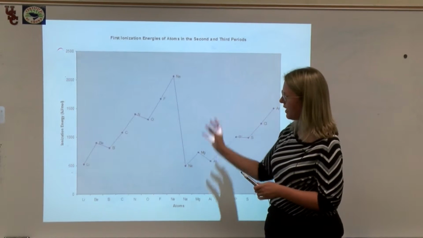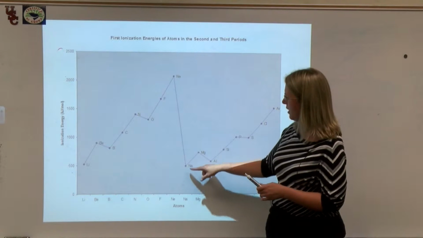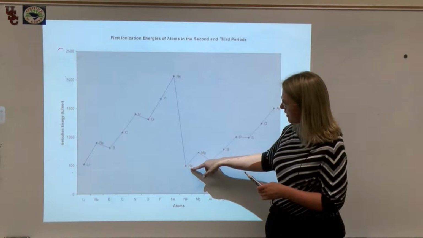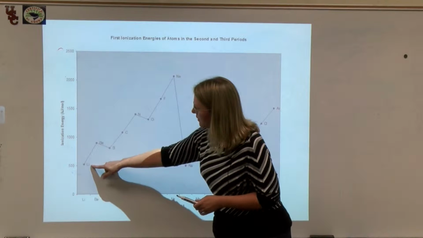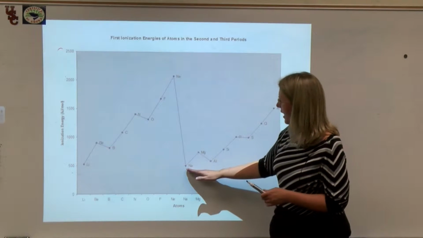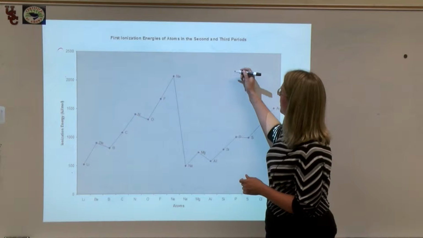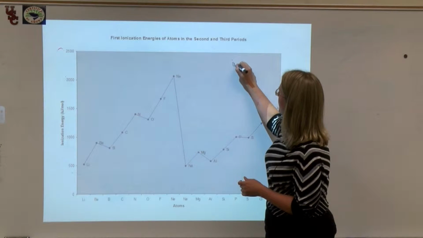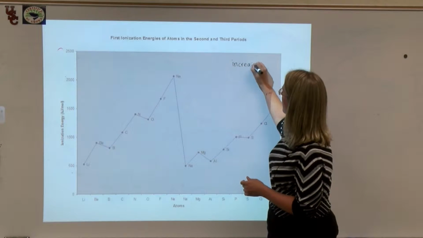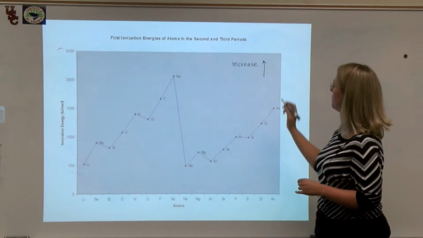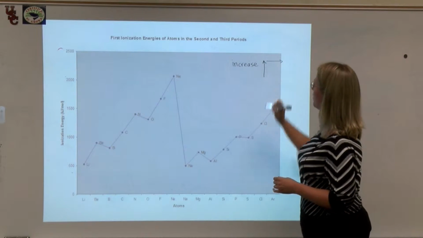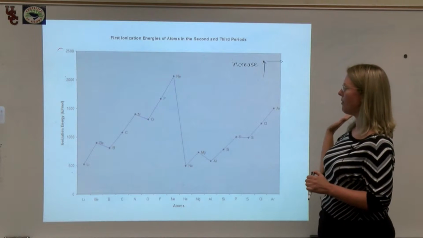Those two are in the same column or group. Sodium is a little bit lower, or is below lithium. And so lithium's ionization energy is a little bit higher. So ionization energy then is going to increase, and we'll show this in a minute, as you go up a column, and to the right on the rows. So it increases as you go up and right.